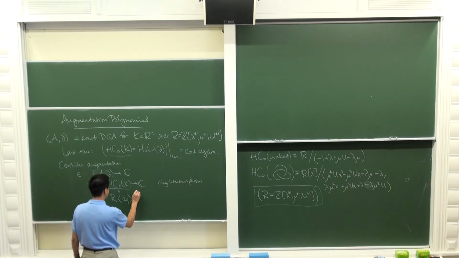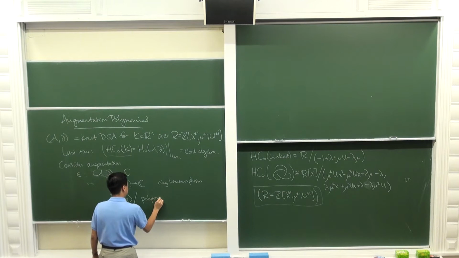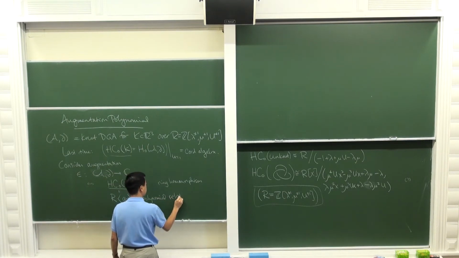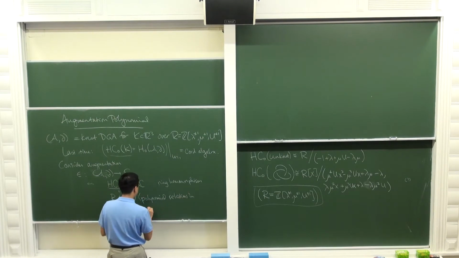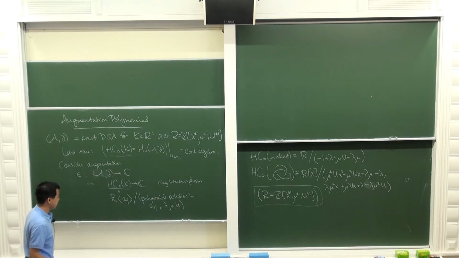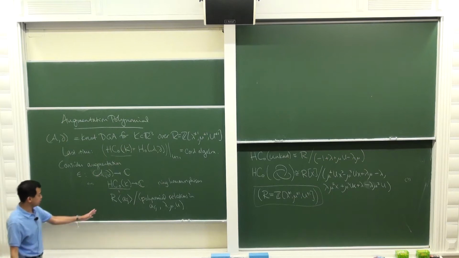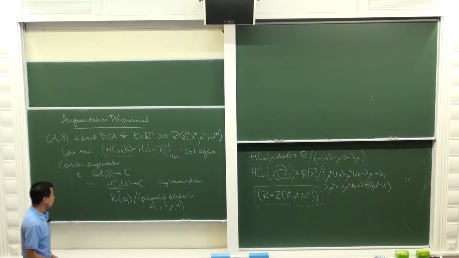And then you quotient out by a number of relations, which I'll call polynomial relations, in the Aij's and lambda and u. Those are the relations that you get by setting the differentials of the B generators, the C generators, and the D generators equal to 0.